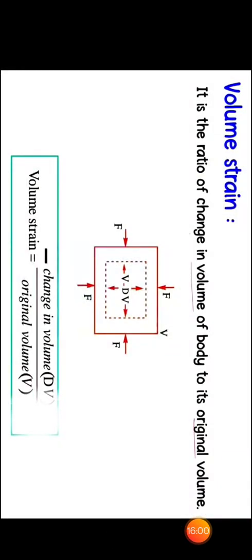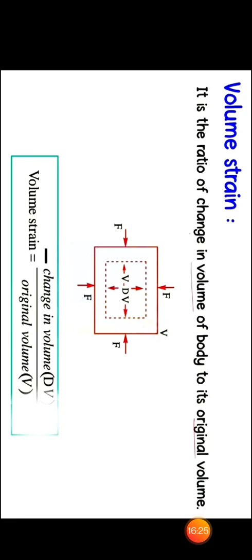Now our second point is volume strain, which is also called bulk strain. It is the ratio of change in volume of a body to its original volume. A deforming force acting perpendicular to the entire surface of the body, as shown in the figure, produces a volume strain.